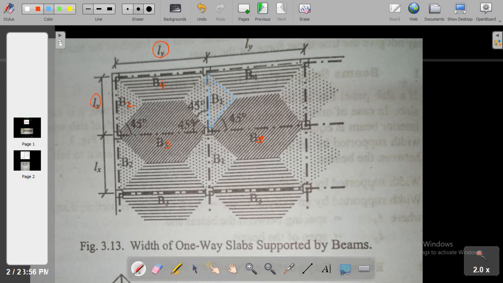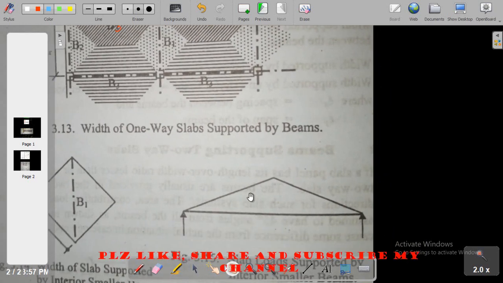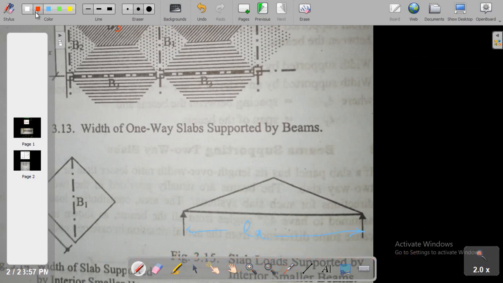Now, because the length of this beam is Lx, we need to find the area of this triangle. The area can be easily calculated, because the span is Lx, and the height of this triangle is Lx by 2.